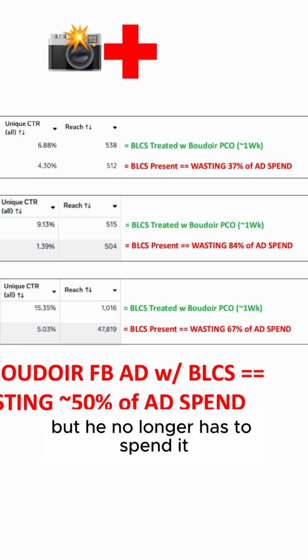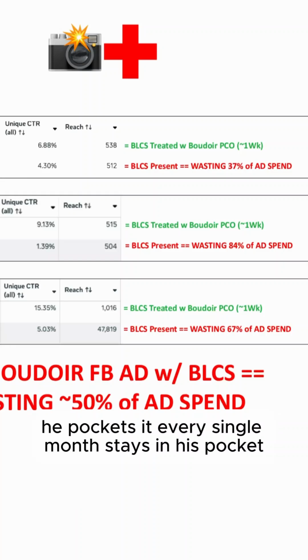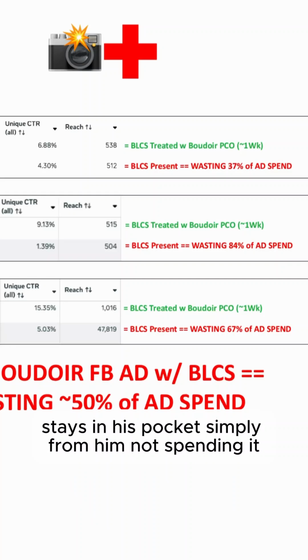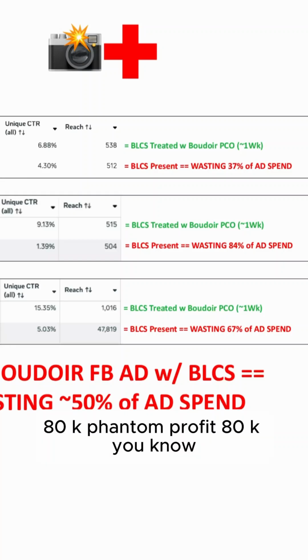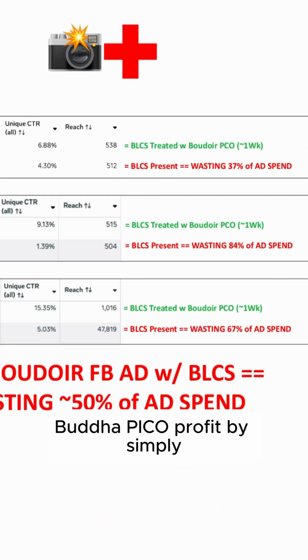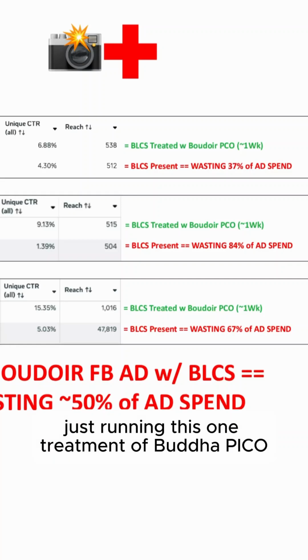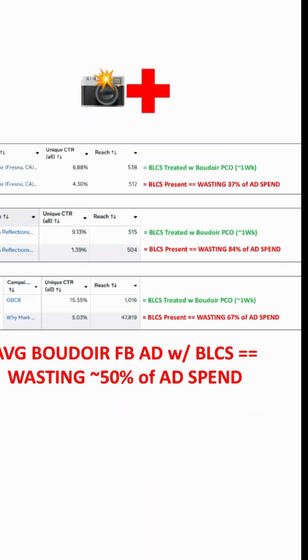He no longer has to spend it. He pockets it every single month. It stays in his pocket simply from him not spending it. And at the end of the year, it's like 80K phantom profit, 80K Boudoir Pico profit, simply by running this one treatment of Boudoir Pico.